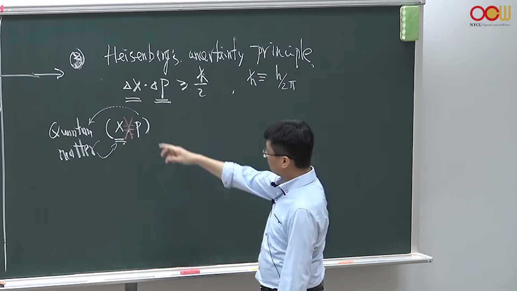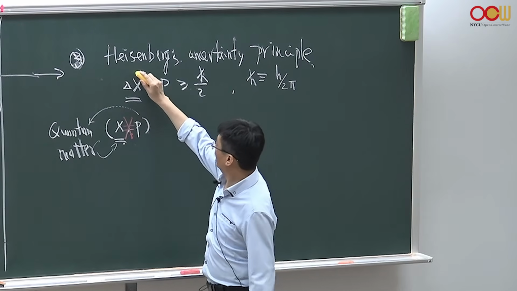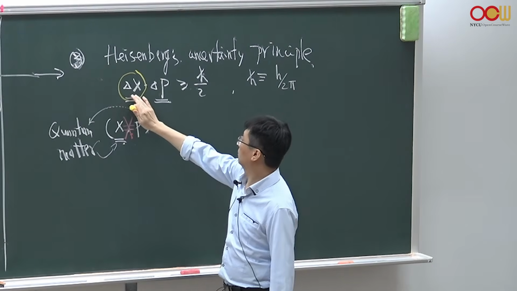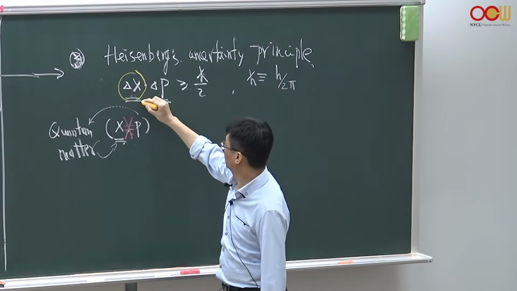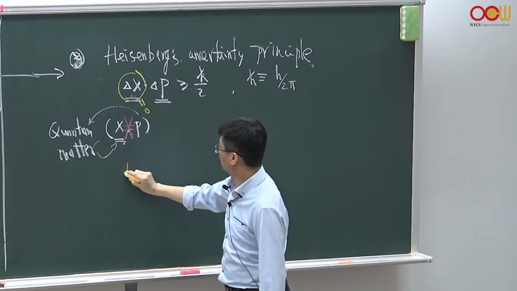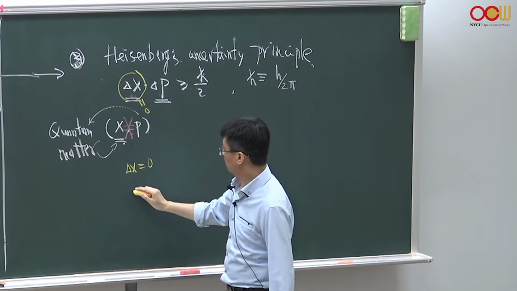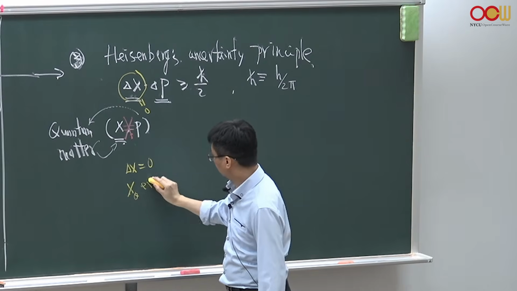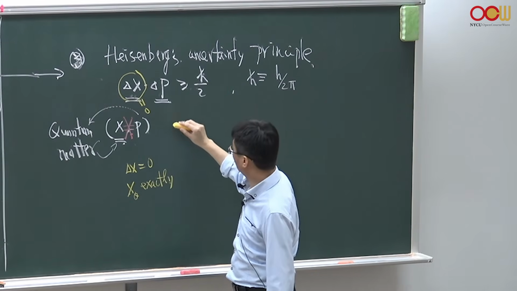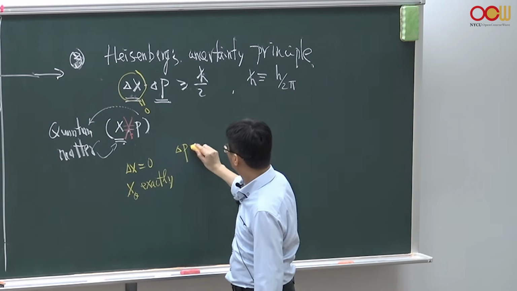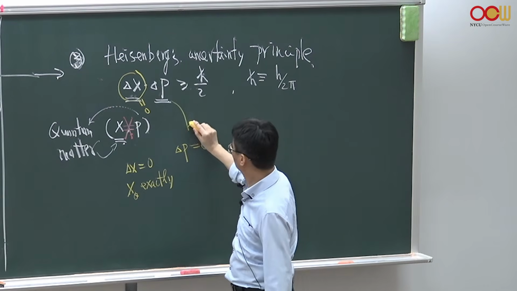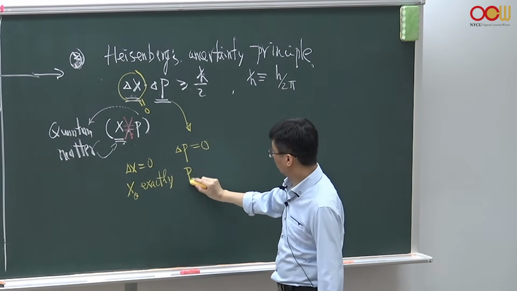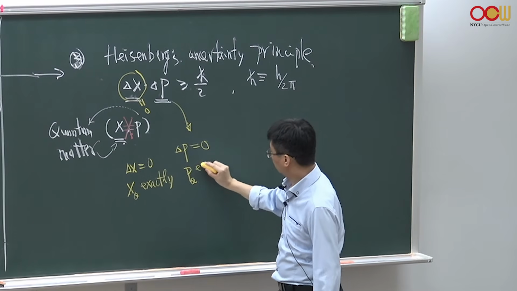If you want to know precisely the location of the quantum particle by making this error bar 0, if delta x is 0, then you know the location exactly, right? And likewise, if you make delta p vanish, the momentum of the quantum particle is determined exactly.